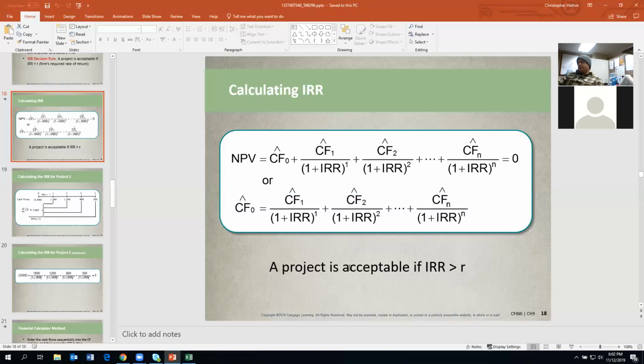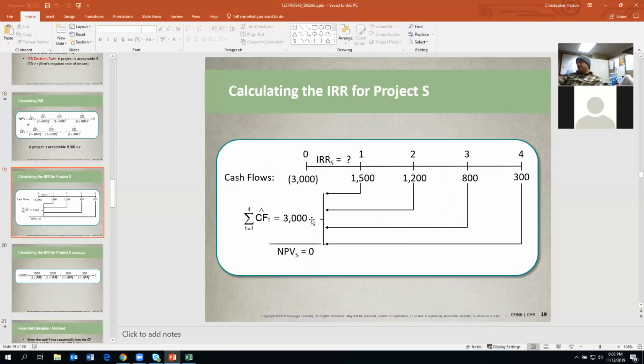But remember this part: a project is acceptable if the internal rate of return is greater than your firm's required rate of return, which we just label as R. This is a timeline version.